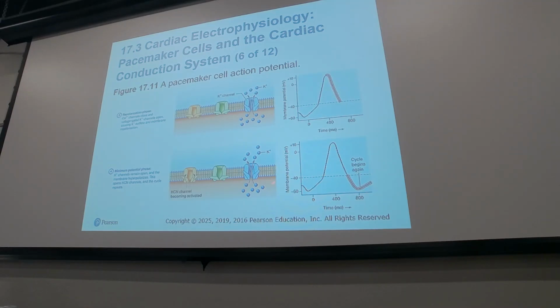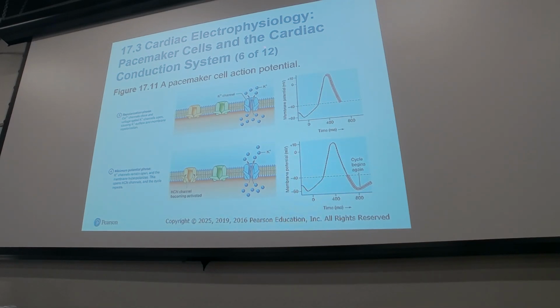And then you close this one, these open, they become activated due to this hyperpolarization, and then you start the cycle again. And then you keep going like that. Slow depolarization, full depolarization, repolarization, hyperpolarization, and start the cycle again.